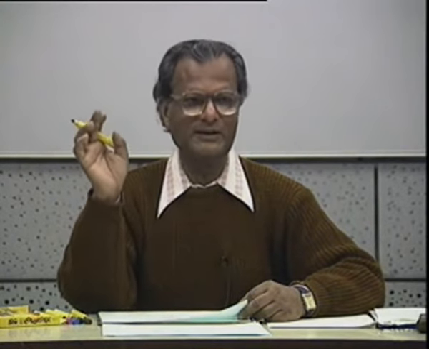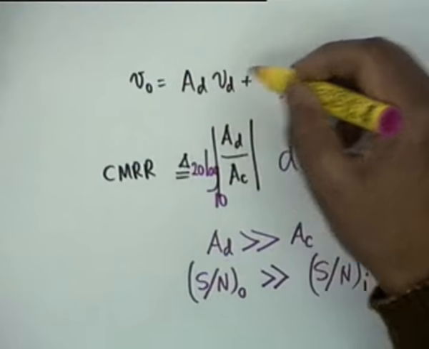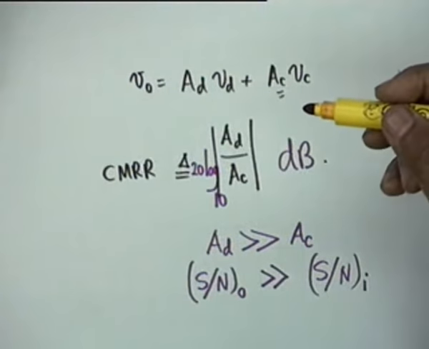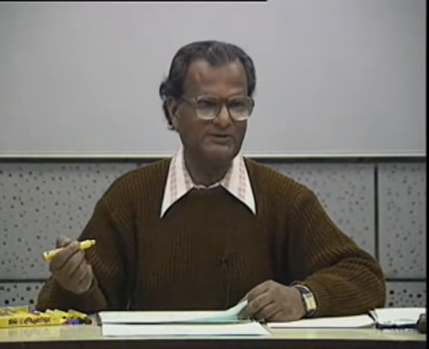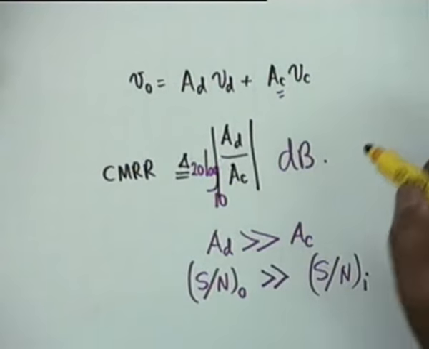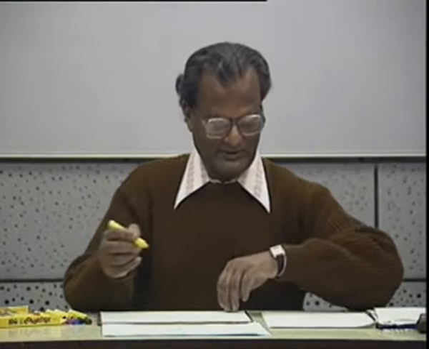So at the input you shall have signal and also noise, and at the output also signal as well as noise. Signal will be amplified by a much larger quantity than the noise, and therefore signal to noise ratio at output shall be much larger than at input, because AD is much greater than AC. Noise is a common mode signal. That is the fundamental reason.